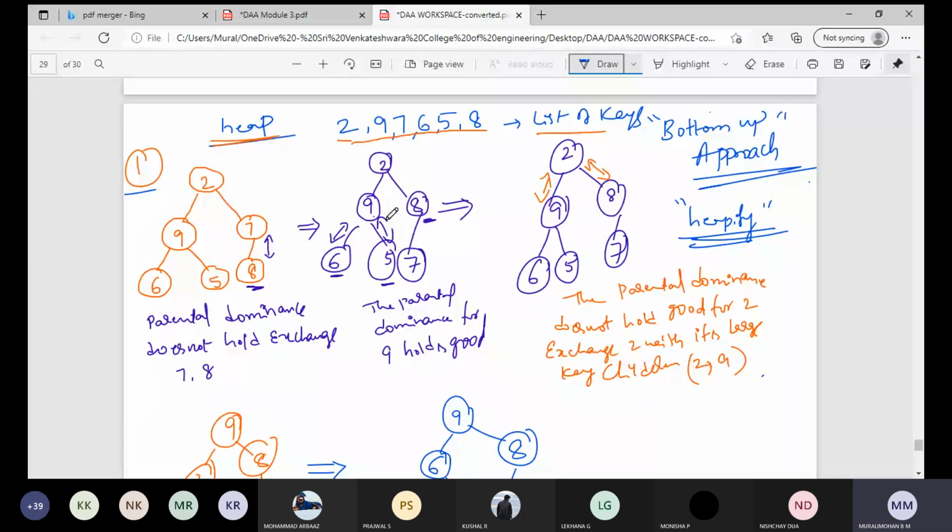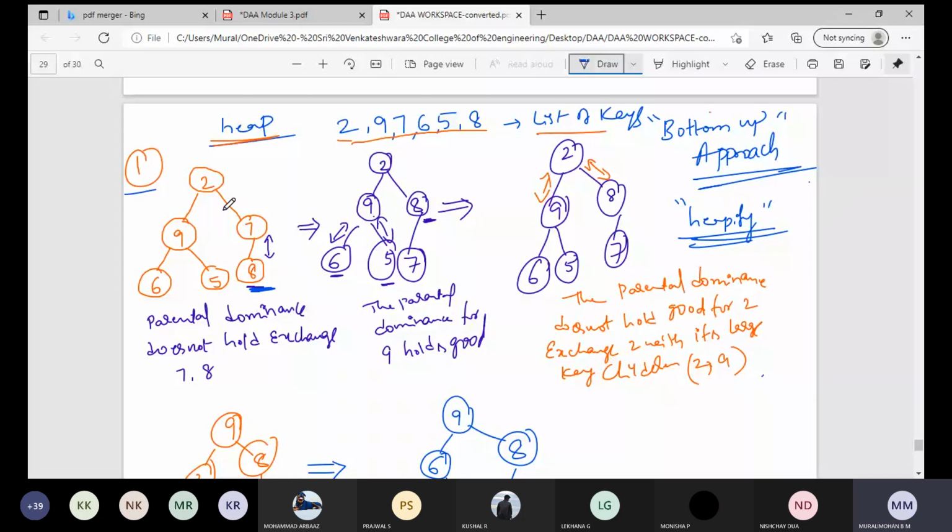Yes, sir. Always, one point you should keep in mind: we should check from the last leaf node. See, here we checked with 8 and 7. Next we checked the next values 5, 6, 9. Next we checked the root node.